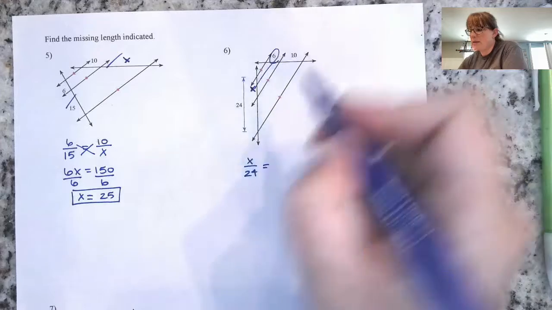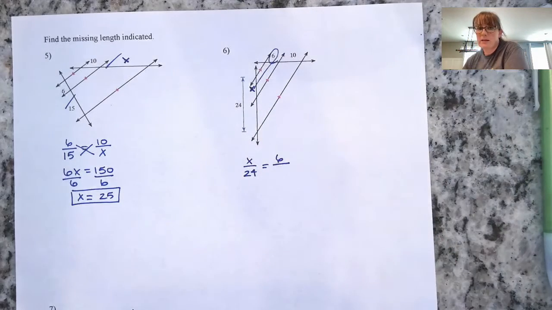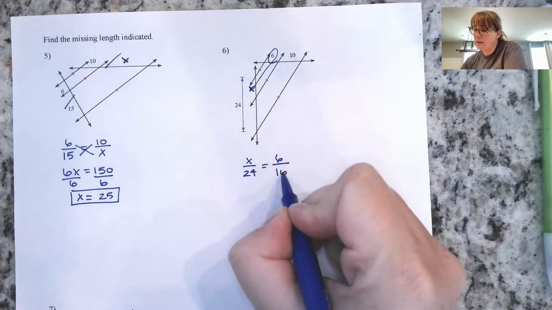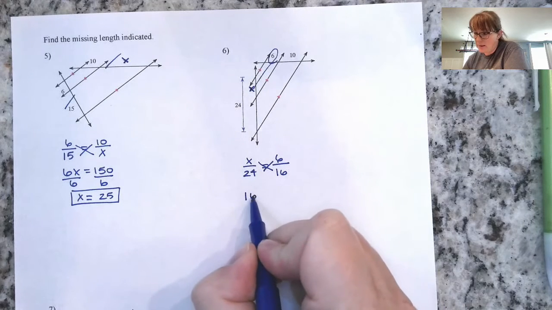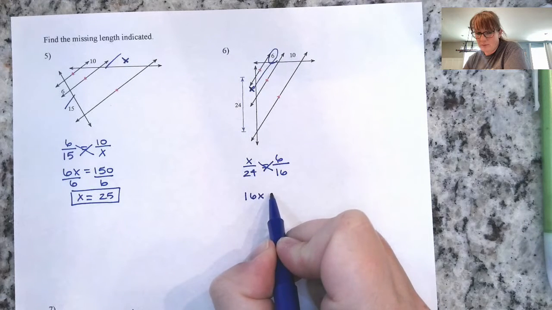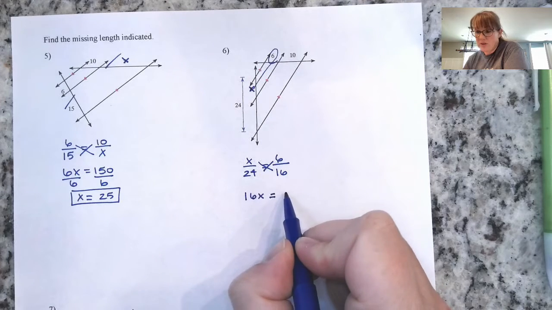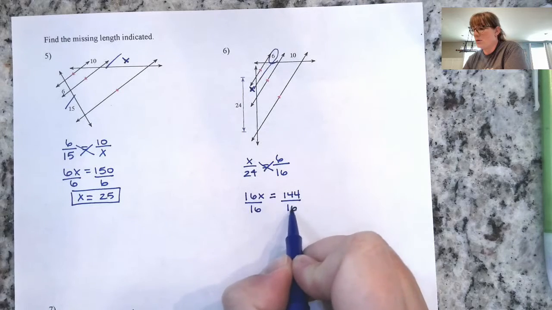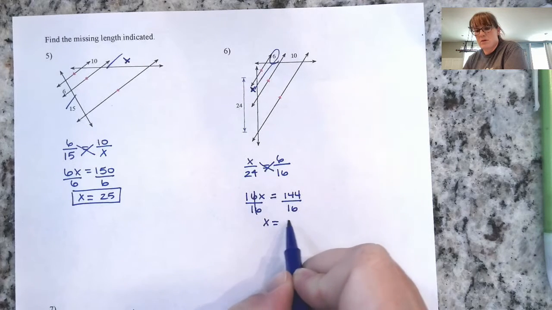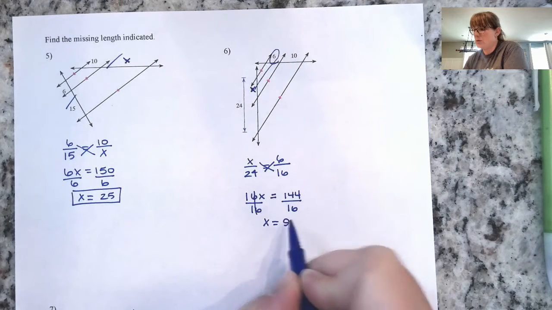X, what's beside it is 6. That's in between the same lines. And then that whole length is 16. Cross multiply. X times 16 is 16x, equals 24 times 6 is 144. And then x is equal to 9.